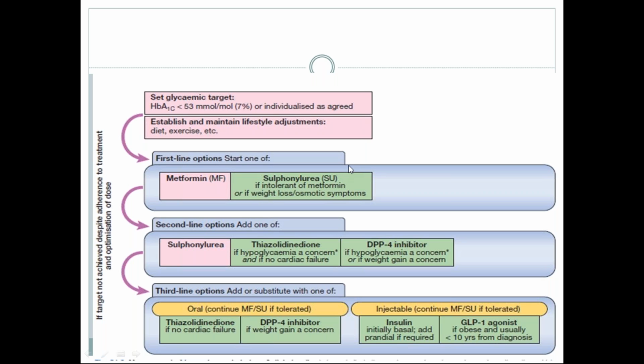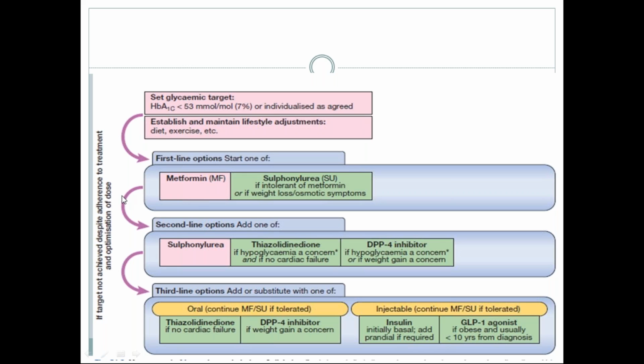The first line option is usually metformin. Metformin is the first line drug you start with, and if the patient is intolerant to metformin, then a sulfonylurea is usually given, that is glibenclamide and all those things.